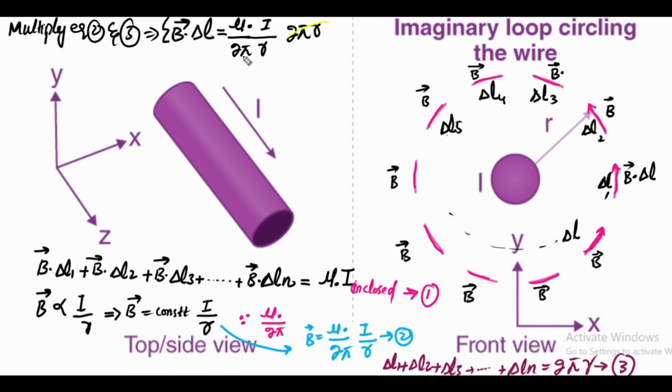Now this 2 pi r and this 2 pi r will cancel. So this equation becomes the summation of the magnetic induction dot the small length, which is equal to mu naught times I.